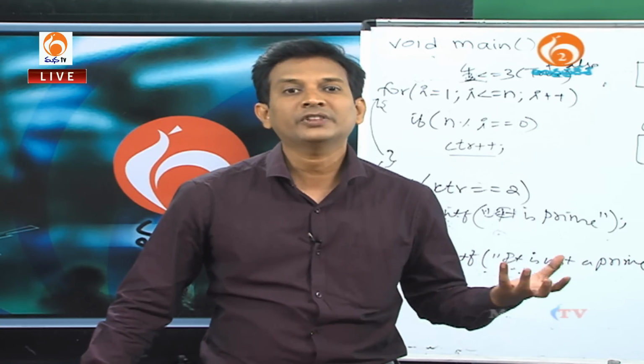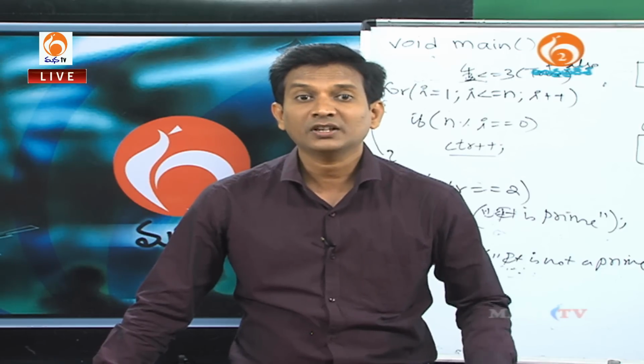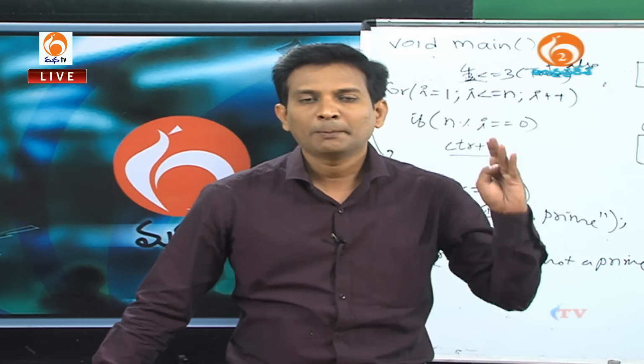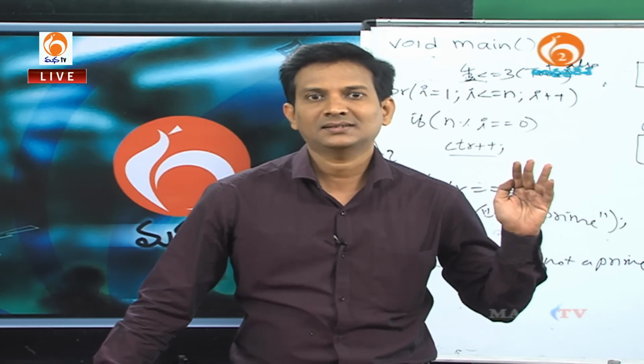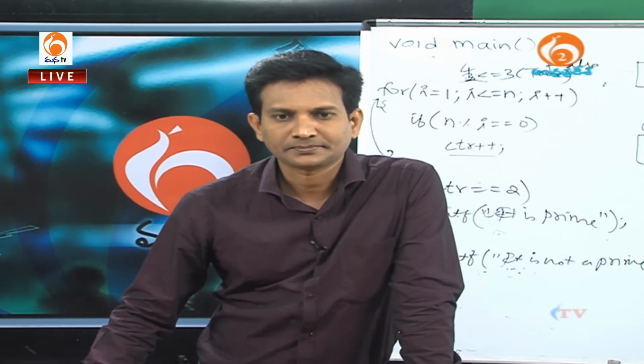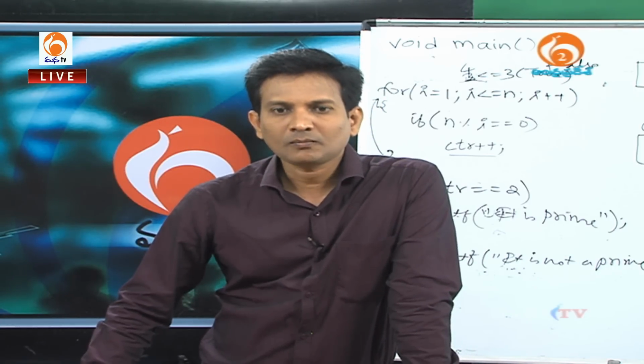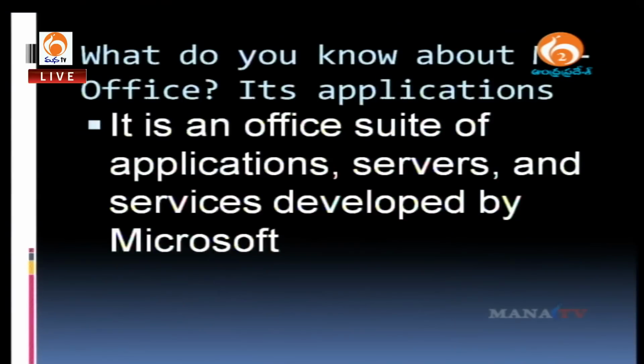It is a collection of applications. MS Office means a collection of applications: Word, PowerPoint, Outlook, Access. These are called MS Office applications. From the definition point of view, it is an office suite of applications, servers and services developed by Microsoft.